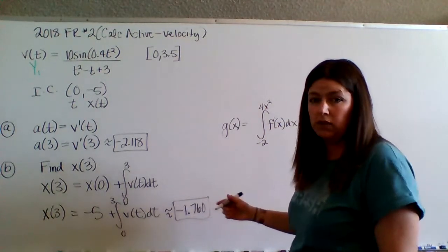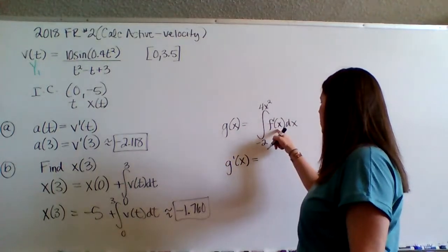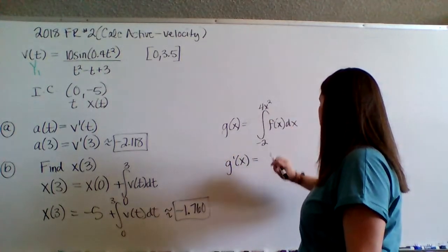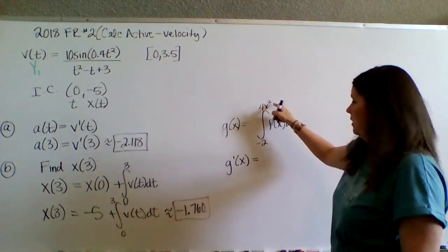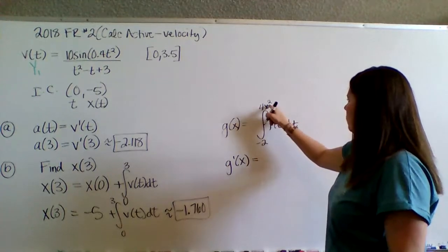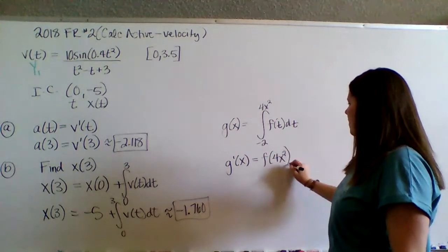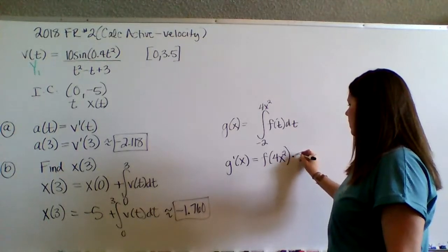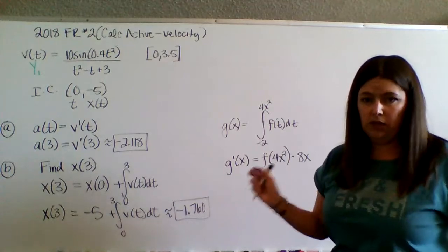And you were taking the derivative of both sides. What do you have? G prime of x equals, the derivative of the antiderivative goes back to the original function. Let's say that this is f. But because the boundaries are not just a single x, this would probably be t's here, I guess. Wouldn't we be replacing that in, and then we would have to multiply by the derivative of that, which would be 8x. That's that chain rule part of fundamental theorem of calculus part 1.